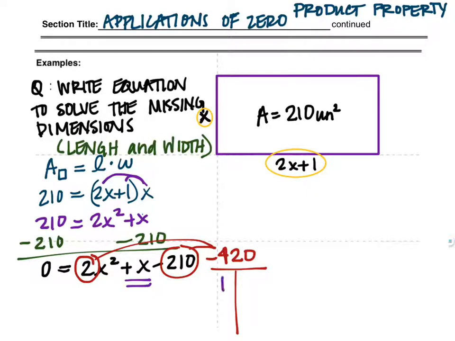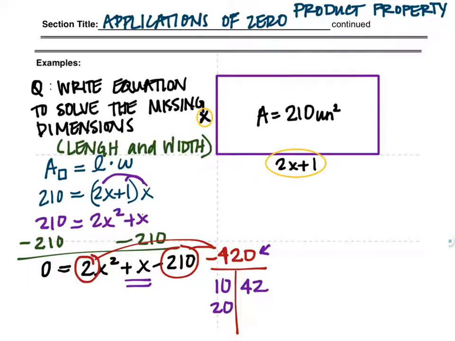Like I said, rather than going 1 and 420 and then 2 and 210, I can go about this process a little bit faster by guessing and checking larger numbers. I know that it has a 0 there, so why don't I just check out 10? If I had 10, I would have 42. And those aren't close to each other. But I'm going to go to the next factor of 10 and take a look at 20.